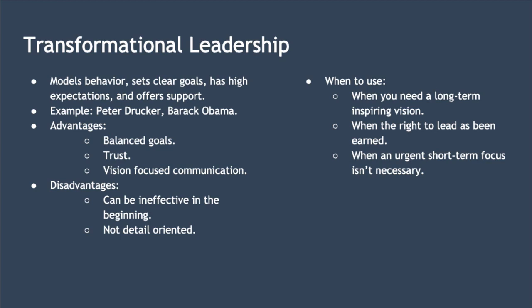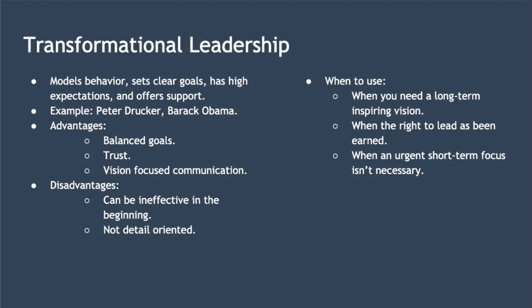Now, the advantages of transformational leadership are it creates balanced goals. So transformational leaders balance the need for both short-term and long-term goals. There's a lot of trust with transformational leaders. So subordinates feel supported and deeply trust their leader because they behave with integrity and build strong coalitions.